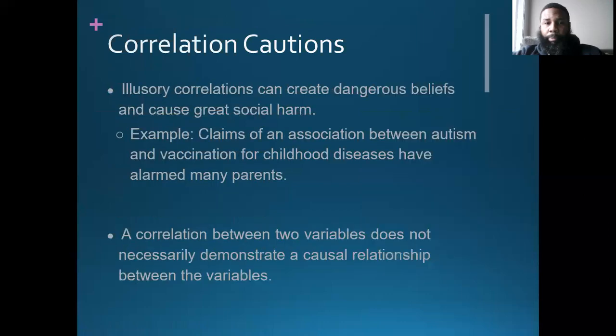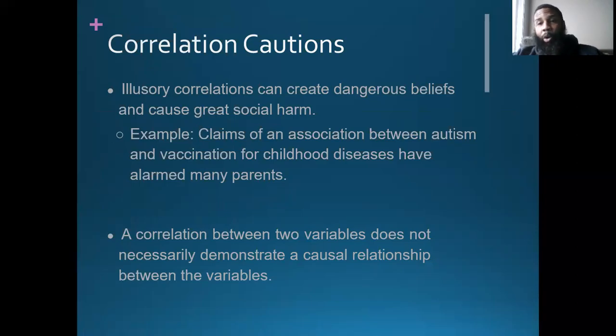And so a golden rule that you will hear over and over again in your classes, right? A correlation between two variables does not demonstrate a causal relationship. In short, correlation does not equal causation. Correlation does not equal causation.